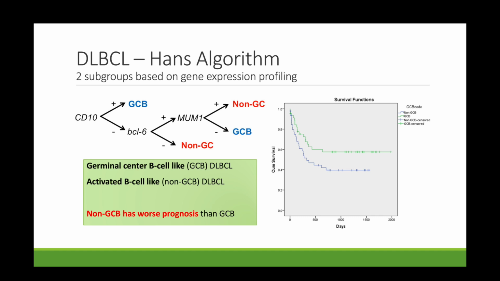So one thing to be aware of is that DLBCL is divided into two subgroups based on gene expression profiling using what is known as the Hans algorithm.